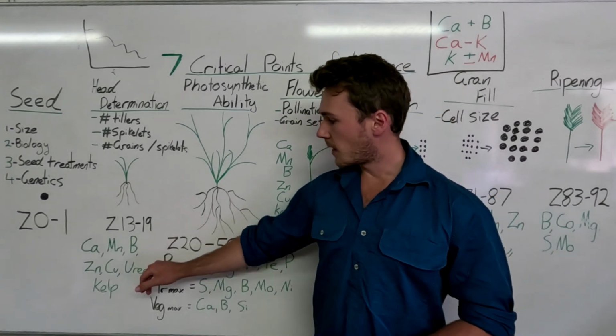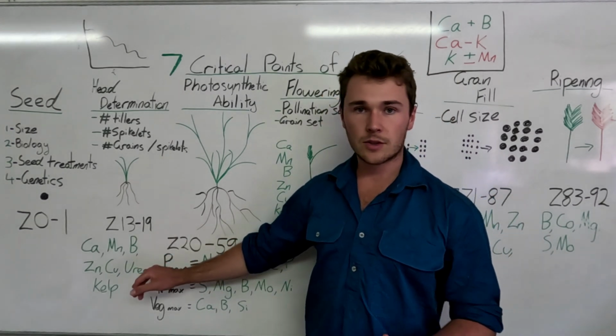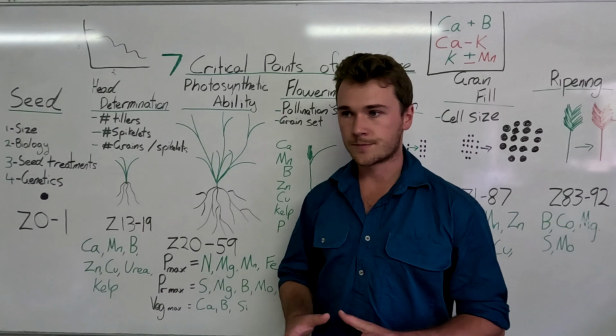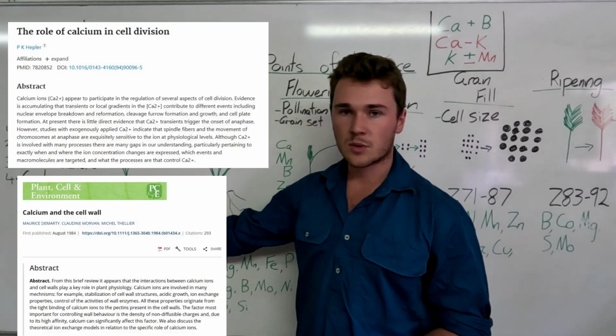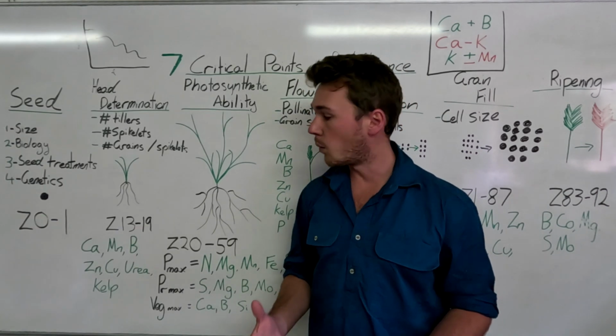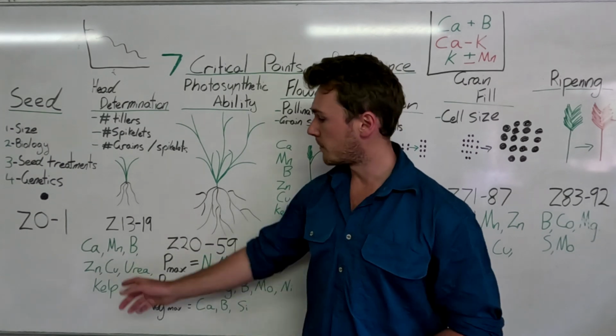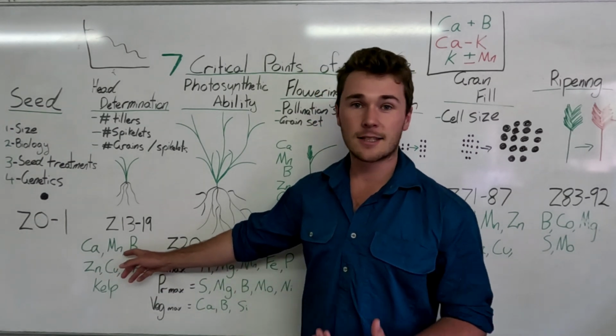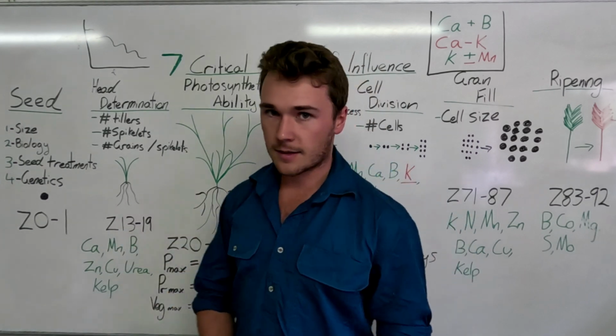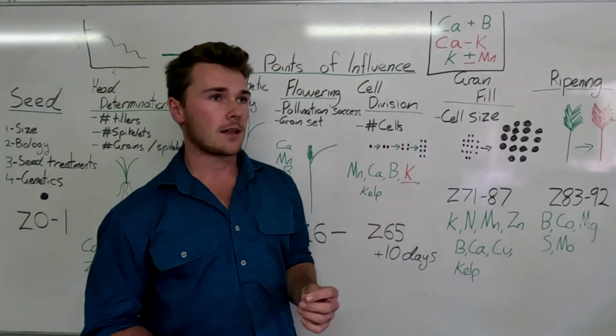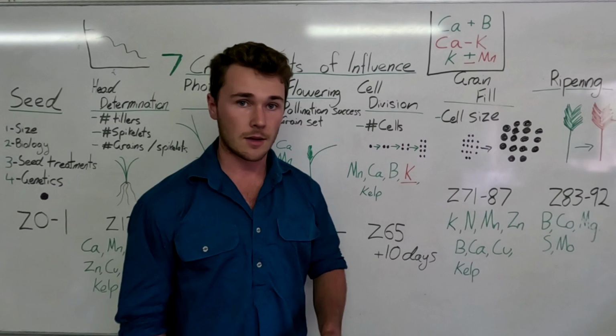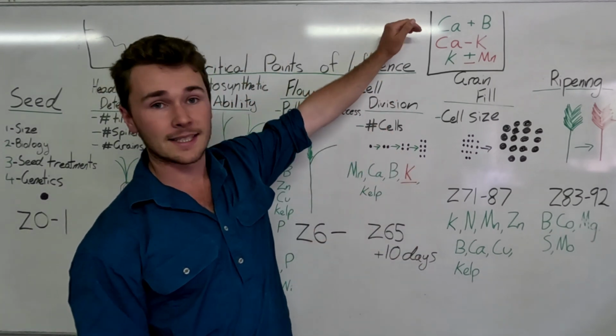As I said, each of these stimulate cell division or cell determination. Calcium is quite important in developing cell walls. Manganese is also quite important as it regulates potassium. Now, a very important thing to understand is the way our minerals interact with each other. Calcium and boron are synergistic with each other.